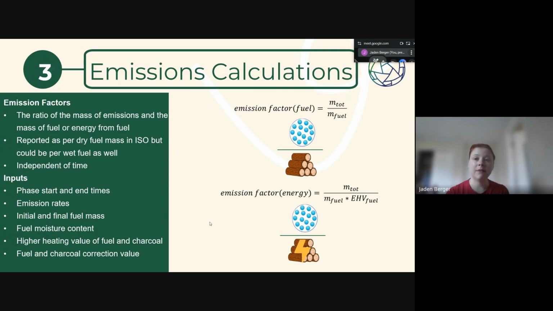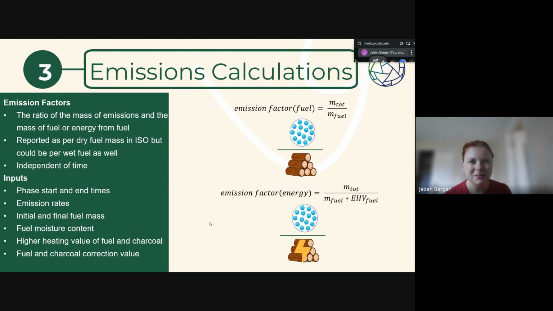So when we have the same phase time, it makes it pretty easy to compare emission rates between stoves or between tests. When we have different phase times, that can make it harder to compare emission rates because it's a time-based metric. So emission factors can be a lot easier to compare because they're independent of time.